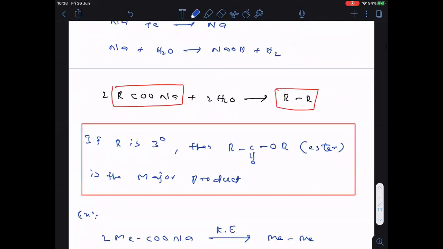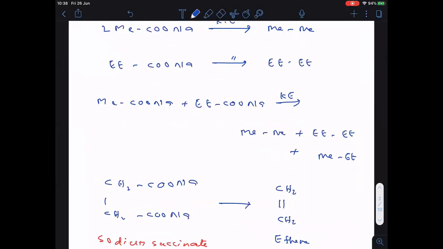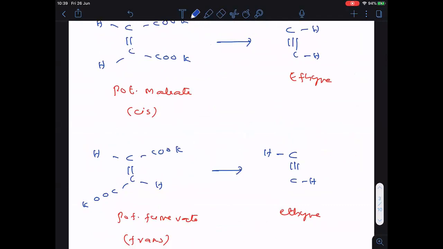Now this is one important point: if R is tertiary, then what happens? These are some examples of the Kolbe electrolysis. These are also some examples.